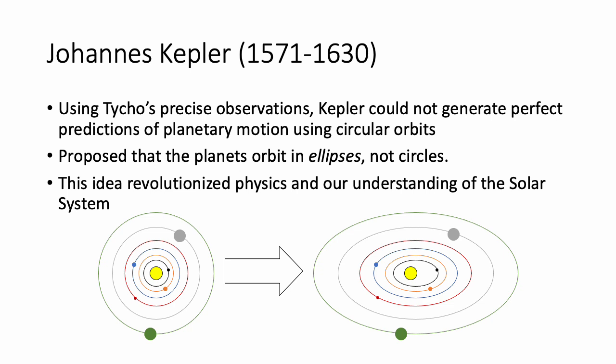So if you look at the image on the left-hand side, you can see the Copernicus model where the sun is at the center, but everything is orbiting in perfect spheres around the sun, so perfect circles still reigning in this model. But then when you go to the right-hand side and you look at Kepler's model of the orbits of these heavenly bodies, you see the sun is at the center, but no longer are they perfect circles. They are now ellipses.